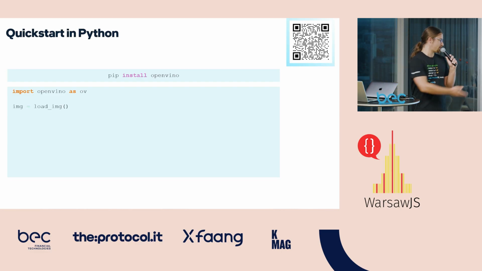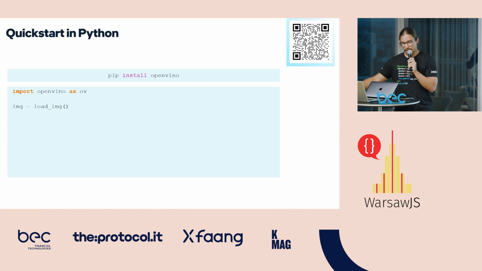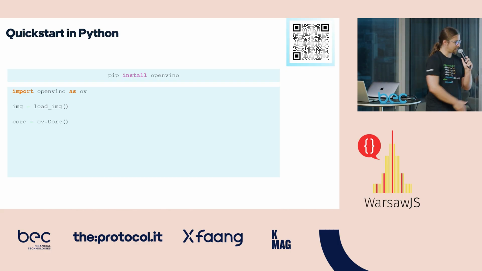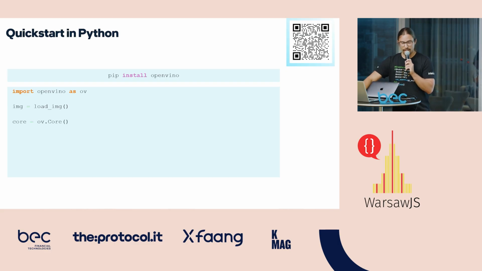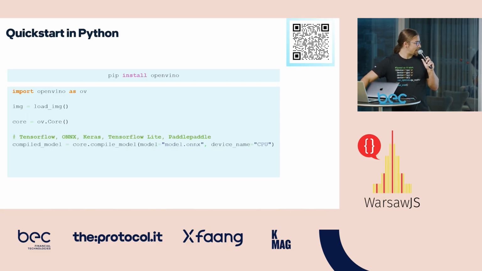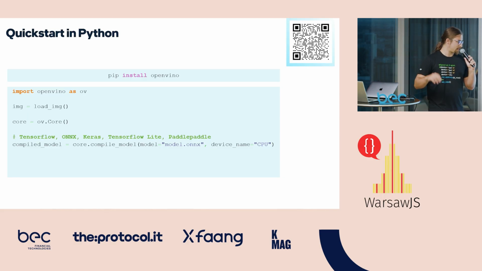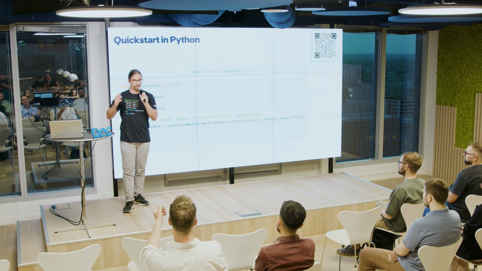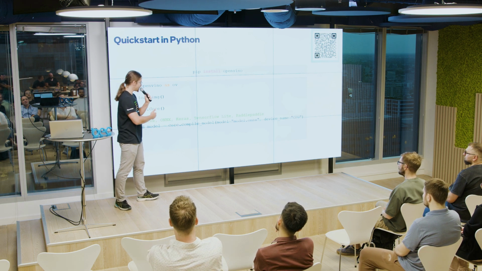If it's computer vision, it's of course an image, but if it's LLM, then we need some prompt. But here, as an example, let's have image as an input. Later, we define the core, and we compile a model for the specific architecture, because in OpenVINO, we have different compiled models for the specific device.